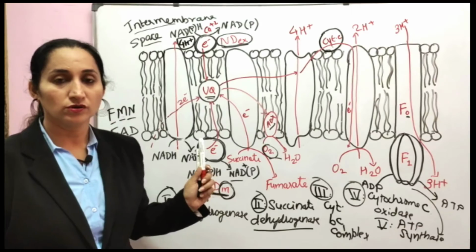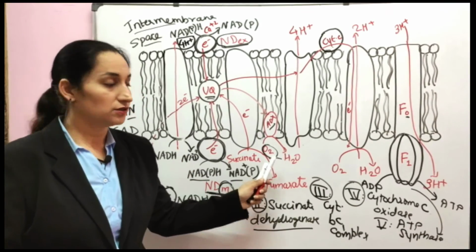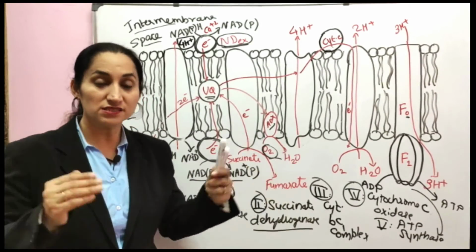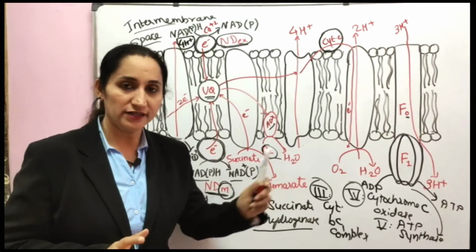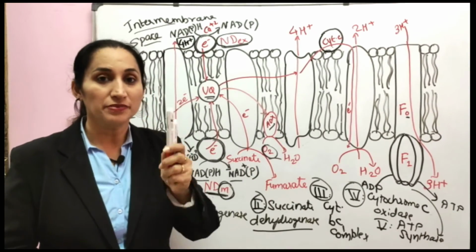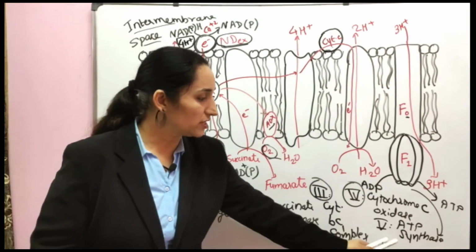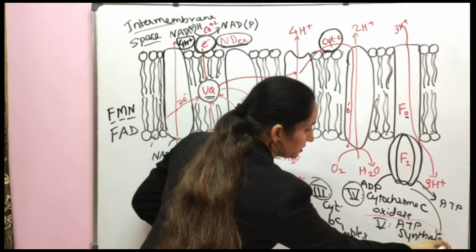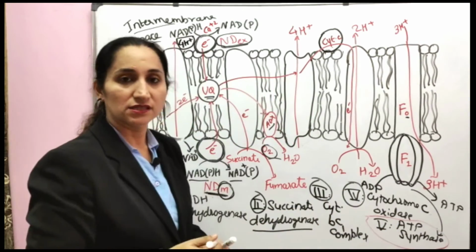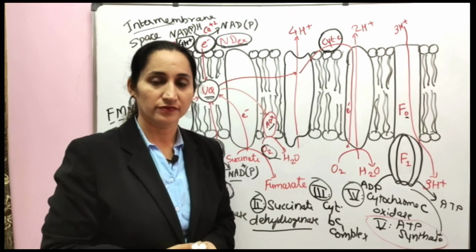Till now, we have utilized oxygen to form water, but still we have not formed a huge amount of ATP. For that, plants have complex 5, which is known as ATP synthase. This complex will form a huge amount of ATP.